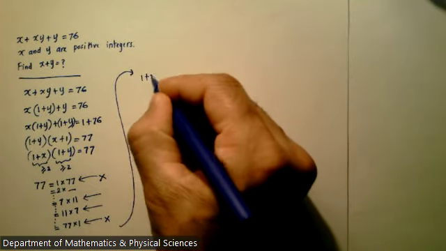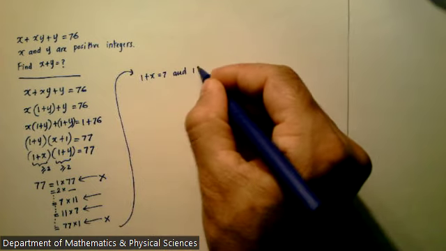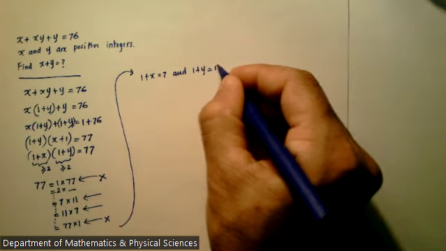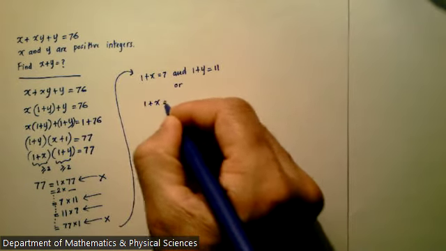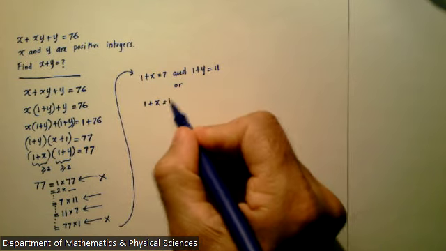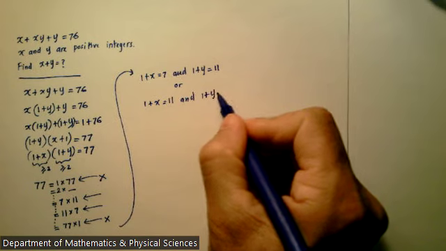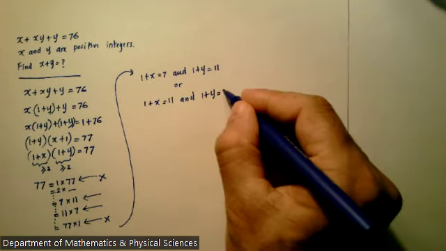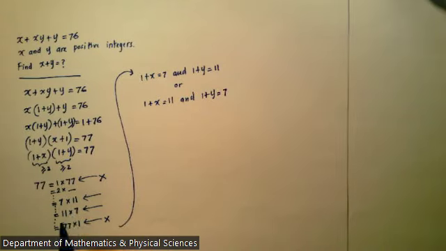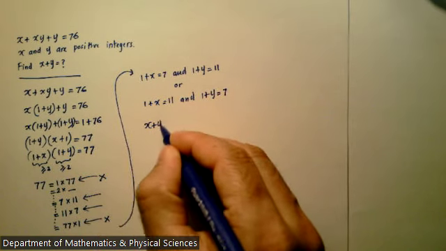So 1 plus x should be 7 and 1 plus y should be 11, or 1 plus x should be 11 and 1 plus y should be 7. This option and that option. And what we need is what x plus y is.